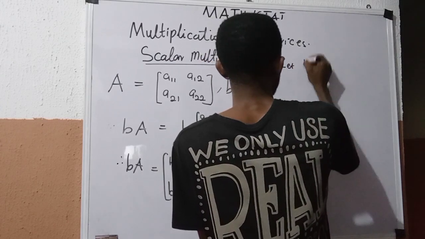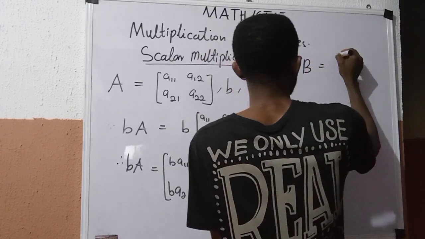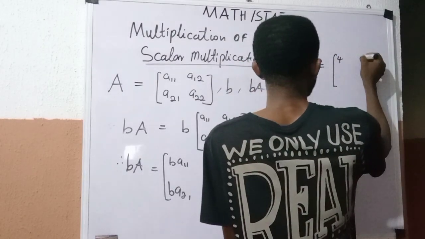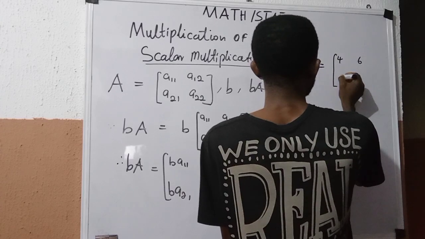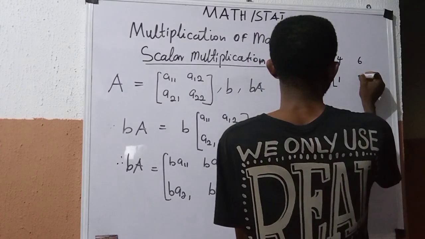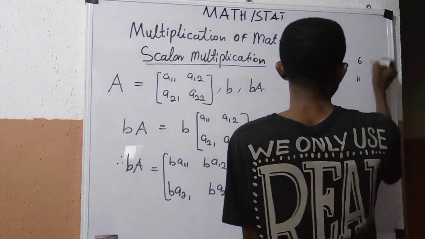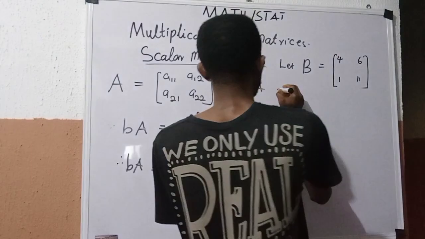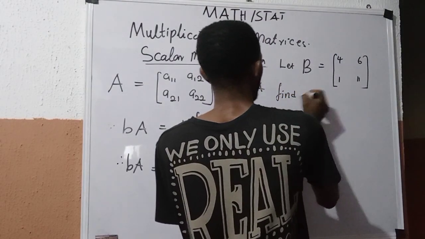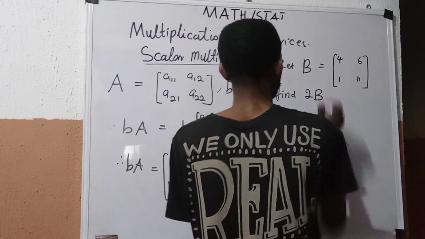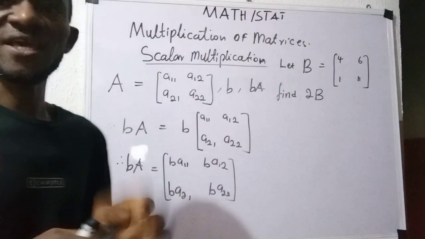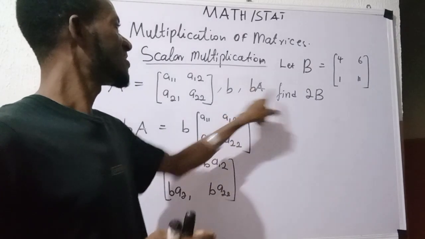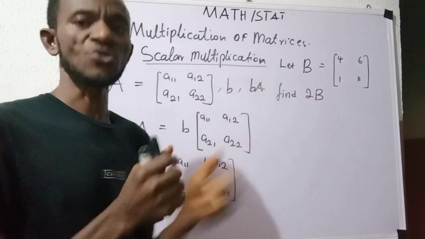Let B equal 4, 6, 1, and 11. And then the question is, find 2B. This is a scalar multiplication, where our number here takes the form of 2.